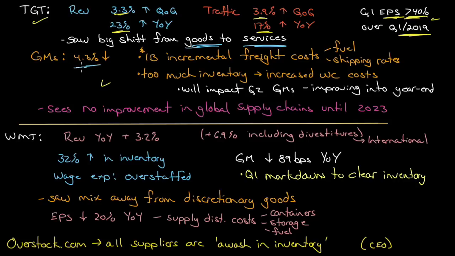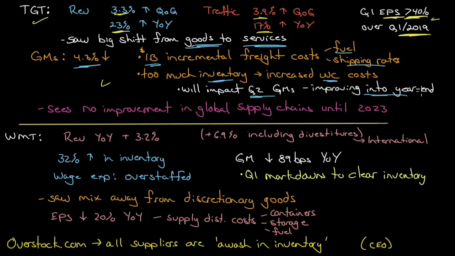Gross margins down 4.3%. That was where their big hit came from. It came from two things: $1 billion in incremental freight costs, fuel and shipping rates, and too much inventory. So they had increased working capital costs. And they say that the inventory issue is going to impact Q2 gross margins, improving into year end.